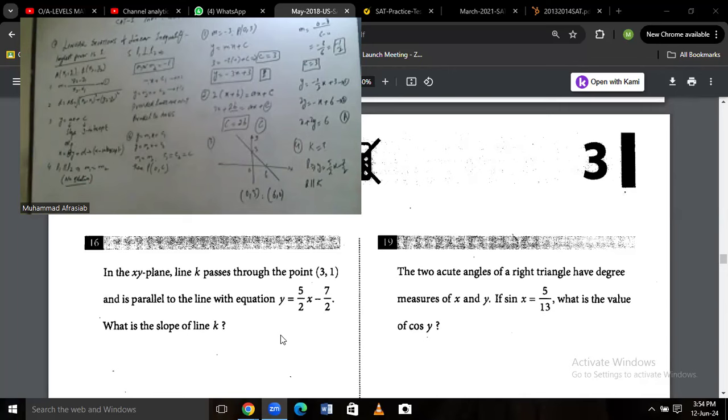So the slope of line L is 5 by 2. If you compare with y equals mx plus c, the same is the slope of this K. So the slope of line K is equal to 5 over 2 because they are parallel to each other.